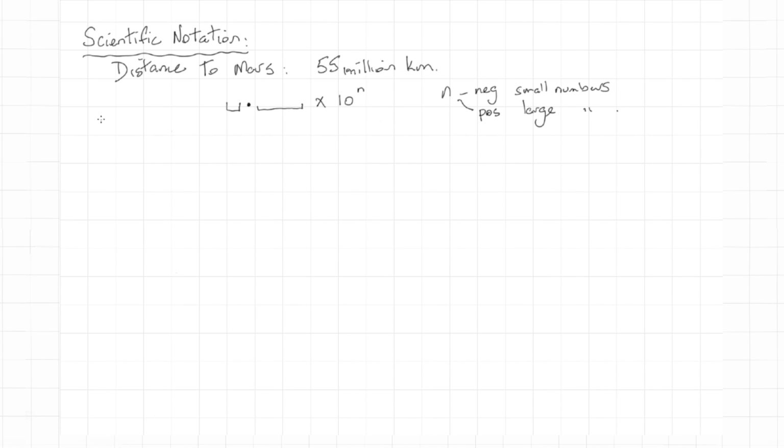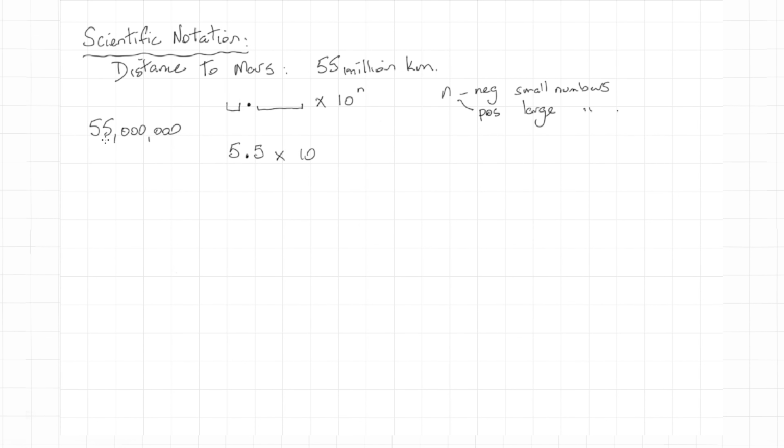So our 55 million, which will have 6 zeros, how could we write that in scientific notation? Well, it's got to be a single digit, and then there's only one digit after that, which will go on that side, times 10 to some power. Now, how do we work out the power? If it was 5.5, how many decimal places do we have to go to get to there?